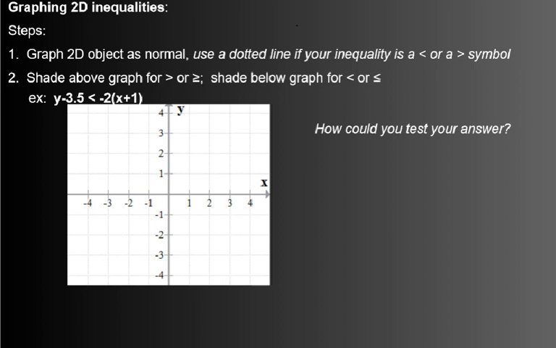It's just less than it or greater than it. And then the question becomes the shading part. So if it's a greater than or equal to, you'll just shade above the graph. And if it's less than or equal to, you're going to shade below.